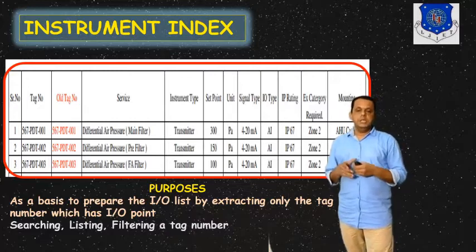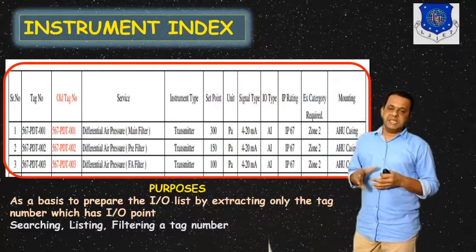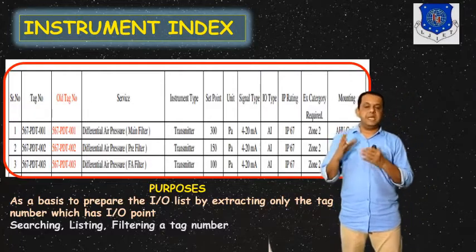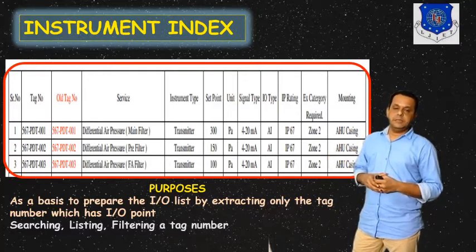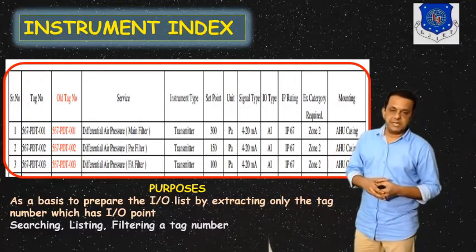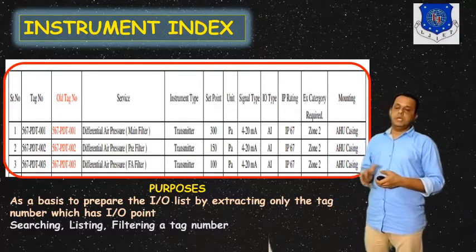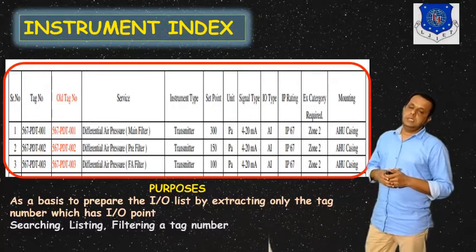Then set point, the unit here is 300 Pascal. Then signal type is a 4 to 20 milliampere signal. Then I/O type, then IP rating, say IP67 protection we are using, and then Ex category required, say whether it is in zone 1, 2, 3, and the model and mounting of the device.